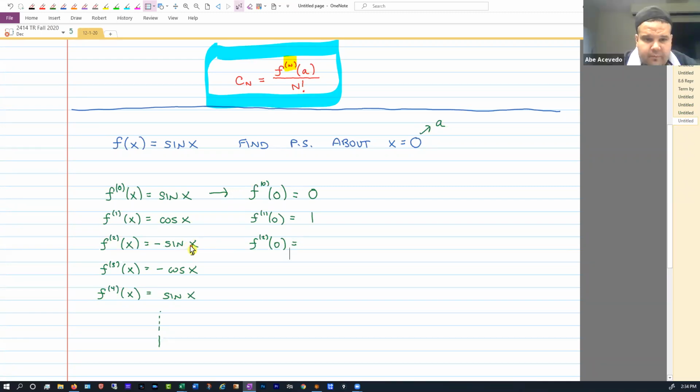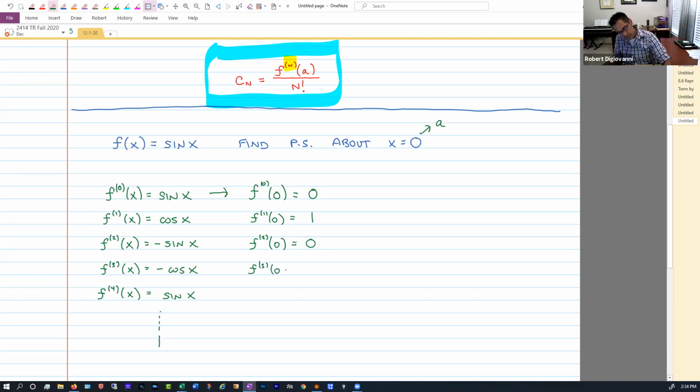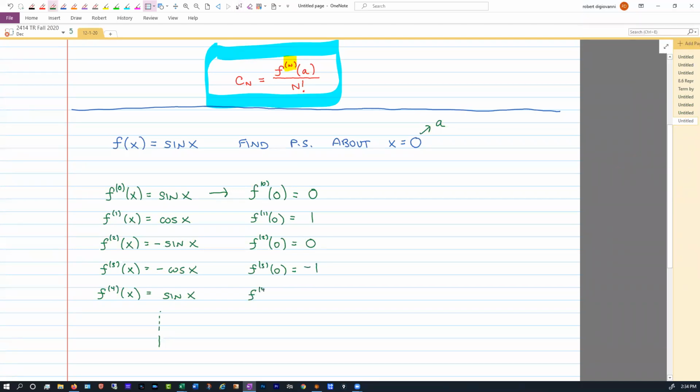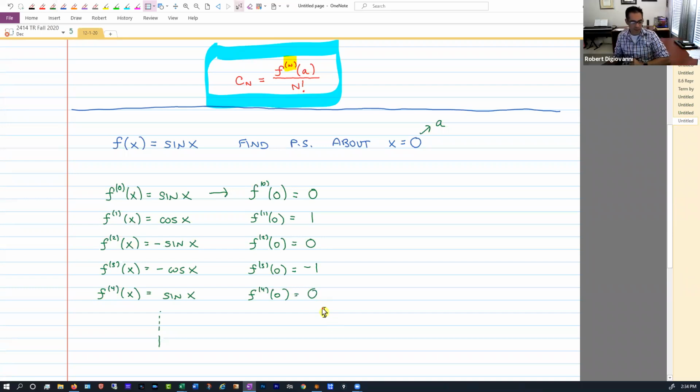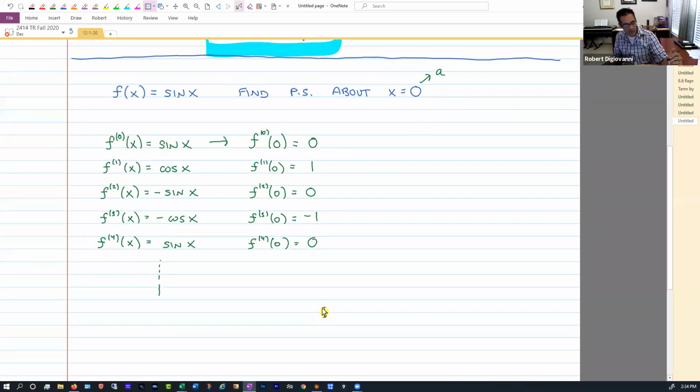Plug 0 in here. We get 0. What is the third derivative at 0? Negative 1. What is the fourth derivative at 0? 0. And now it's going to keep repeating, right? The next one will be 1, then 0, then negative 1, then 0, then 1. Got it? It's just going to keep repeating.